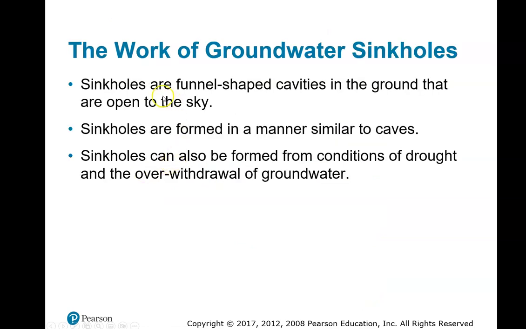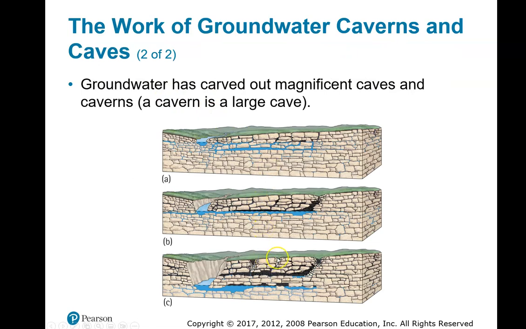Now, sinkholes. Imagine the rock right above a huge hole is rather weak, and all of a sudden the rock breaks, and you see this giant funnel shape. That's basically what a sinkhole is. It's just where the ground has weakened enough to fall into the cave underneath.